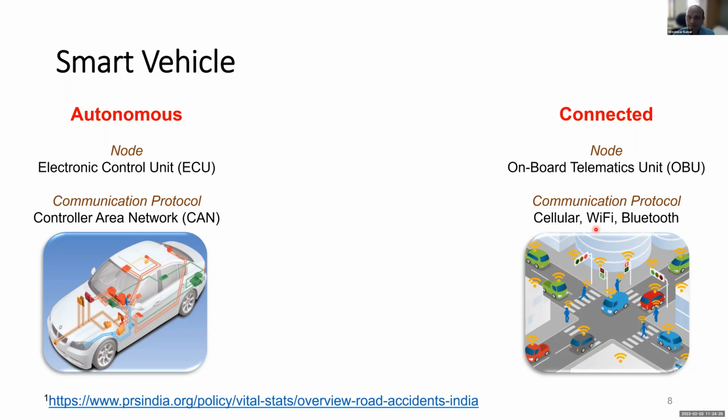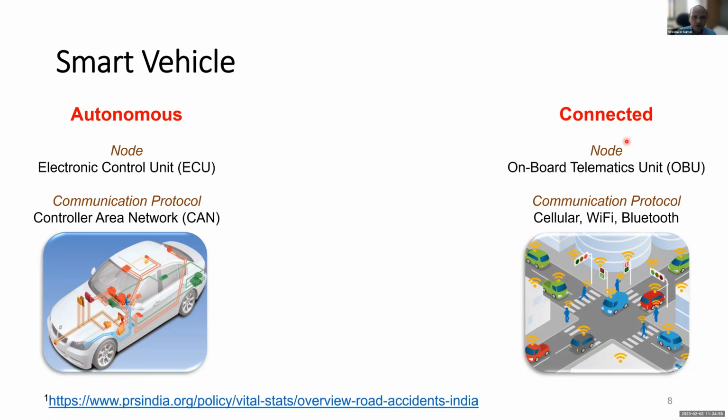But now there is Wi-Fi connection possible in modern cars, and also cellular connection, and you could see live streaming of IPL matches inside your car. All this communication is facilitated through a node, which we'll refer to as the onboard telematics unit, OBU, and this facilitates the connectivity of the vehicle to the outside world.